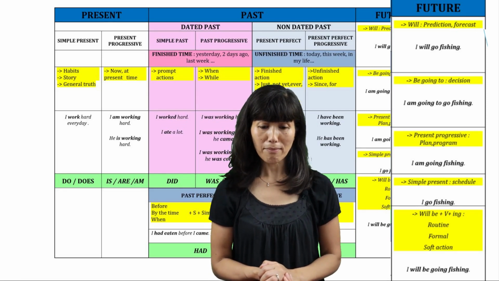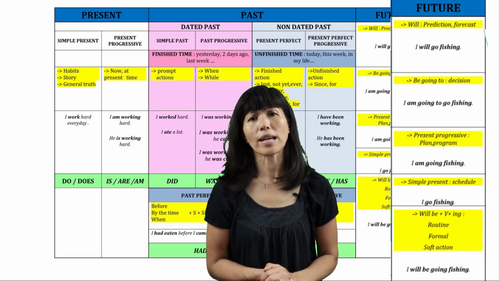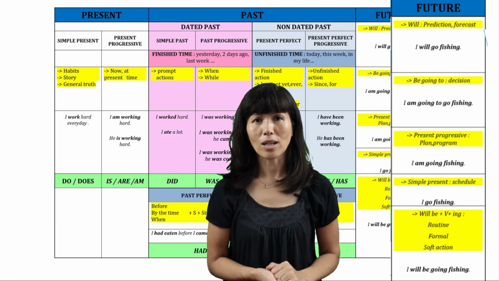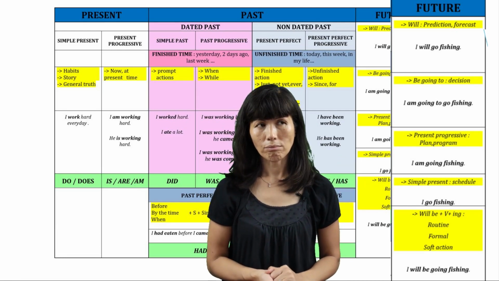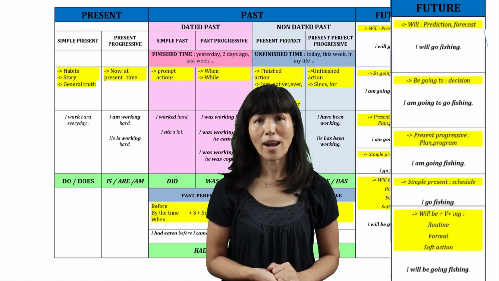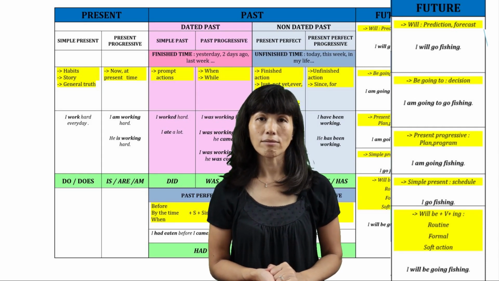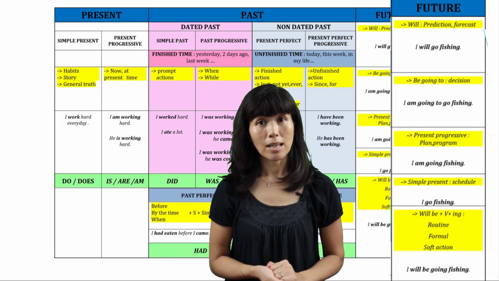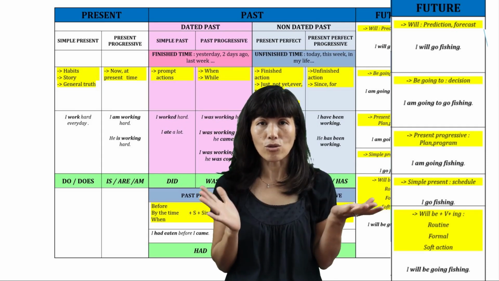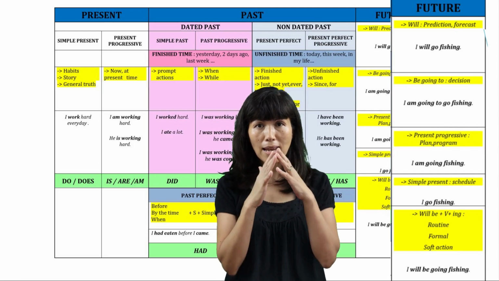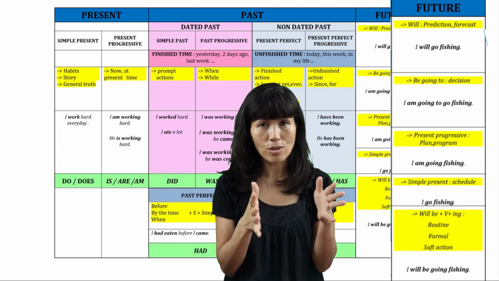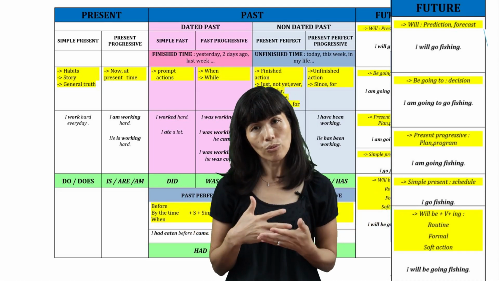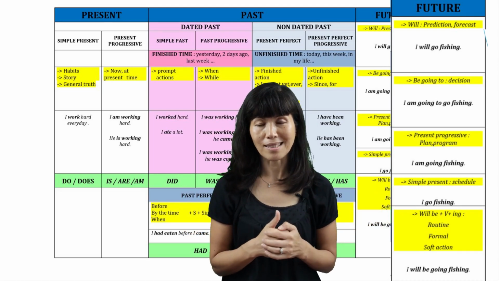Yes. Now the fourth form of the future is the simple present with a time indicator. For example, my train leaves tomorrow at 10. Most of the time when we talk about schedules that don't change all the time, that stay the way they are for at least 6 months or a year, then we would use the simple present.